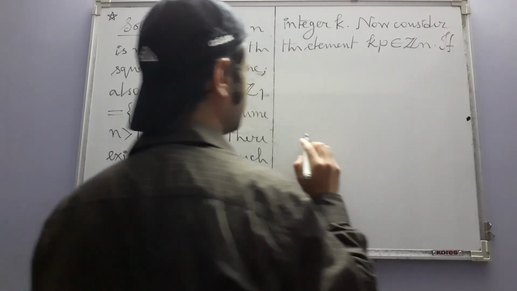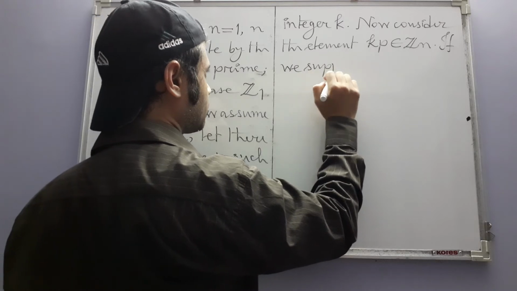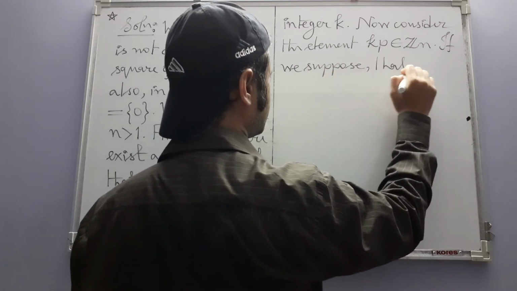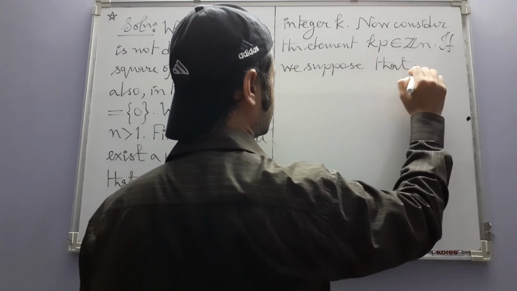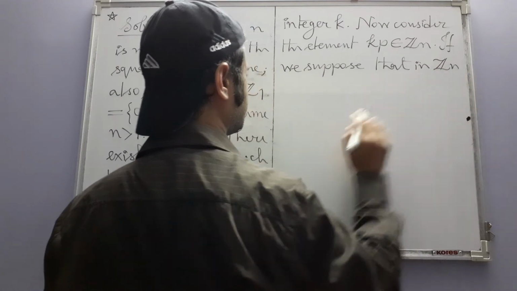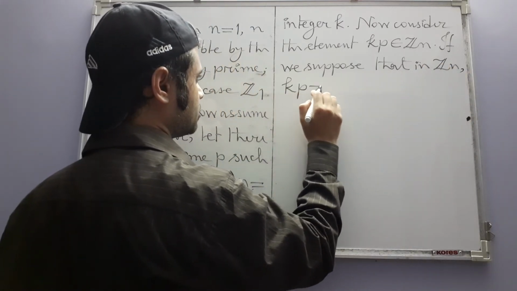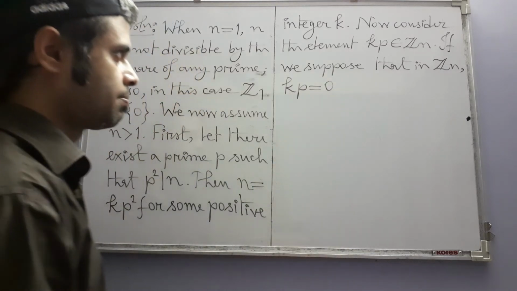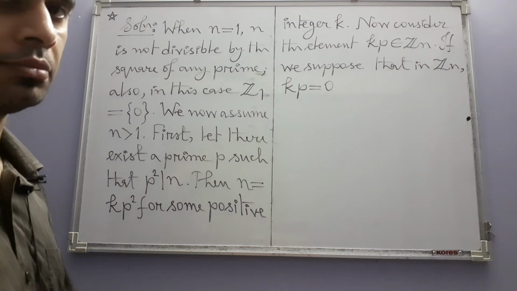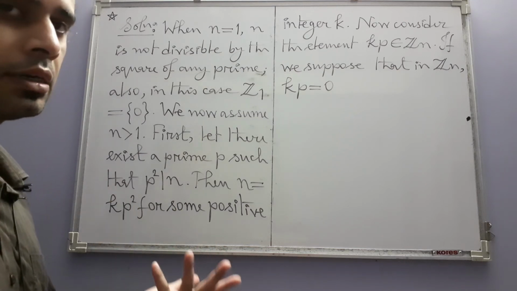Now suppose that in Z_n, kp is equal to 0. It is very important to write in Z_n, since otherwise kp is never equal to 0.